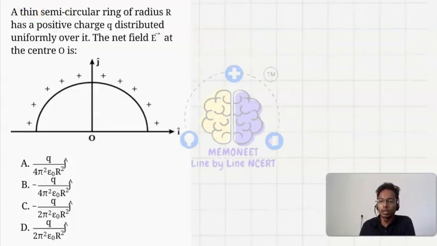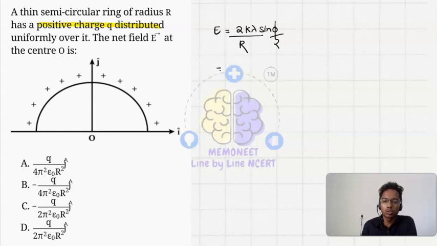In this question, a thin semicircular ring of radius r has a positive charge q distributed uniformly over it. The electric field at the center O is asked. We know that the electric field is equal to 2k lambda sine pi by 2 upon r.